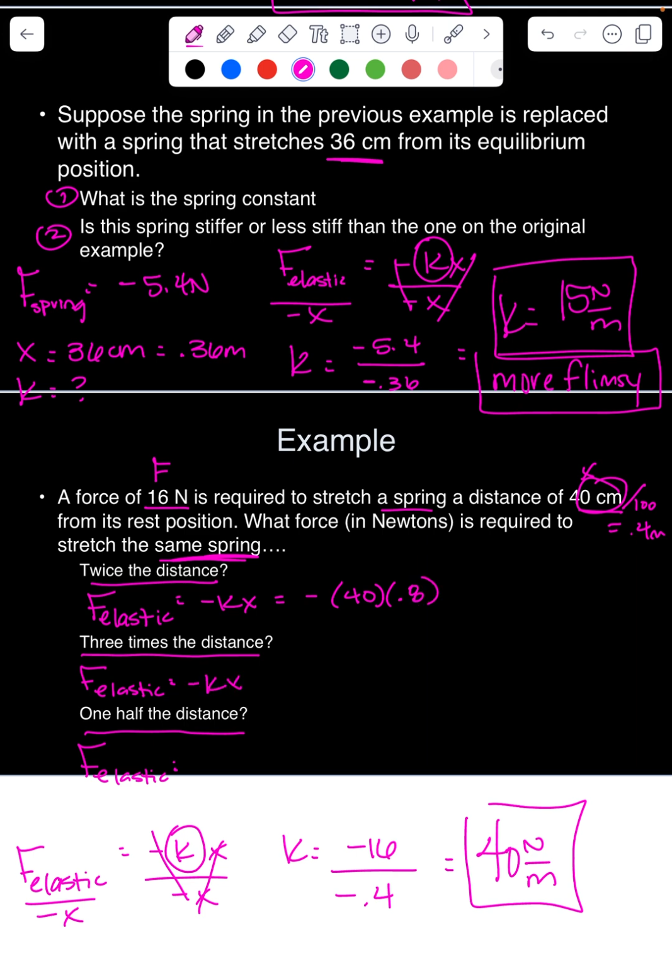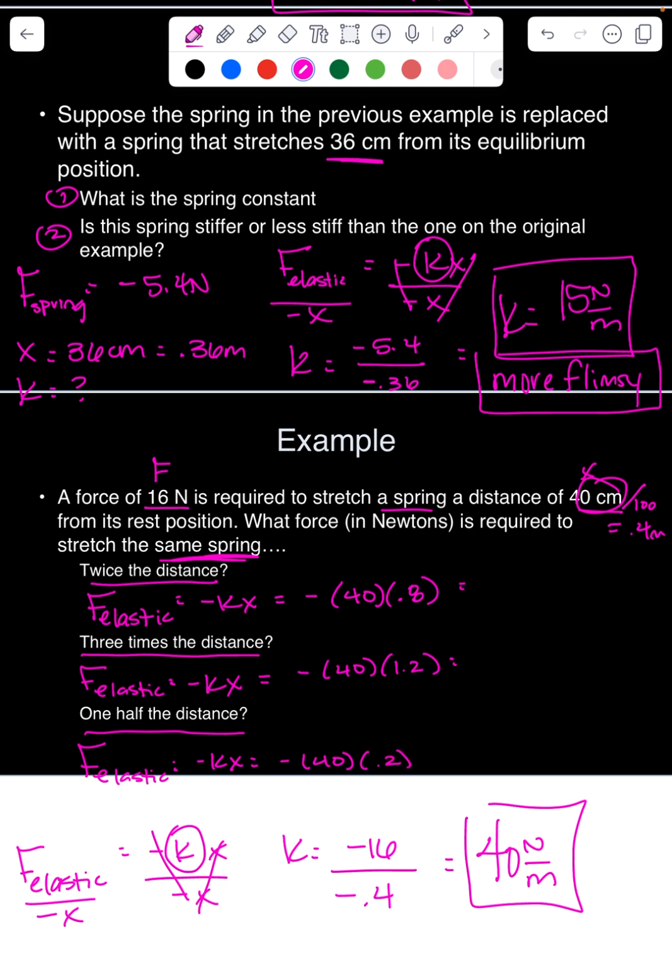This one is negative kx again, so we have negative times 40 times 3 times the distance. That's going to be 120 centimeters. Divide that by 100, that's going to be 1.2 meters. So that gives us our last one, negative 40 times half the distance, which is going to be 0.2 meters.